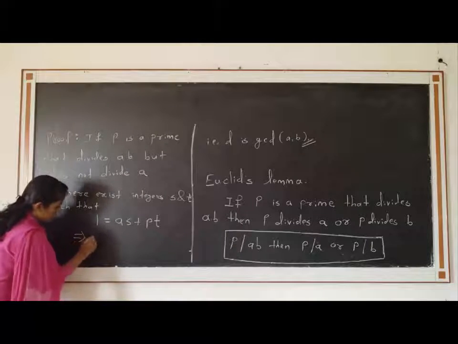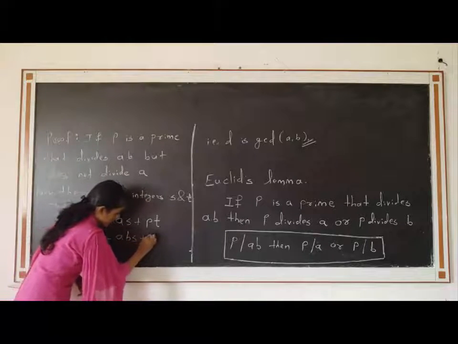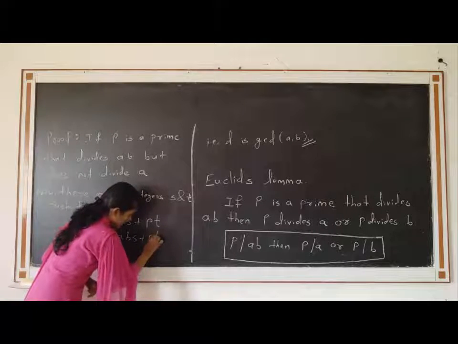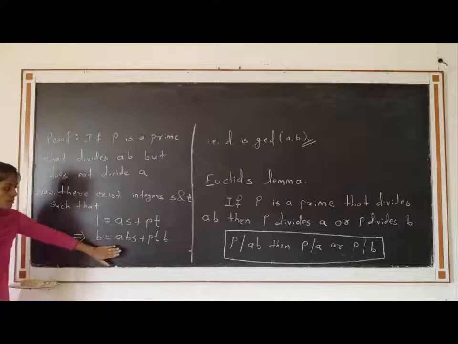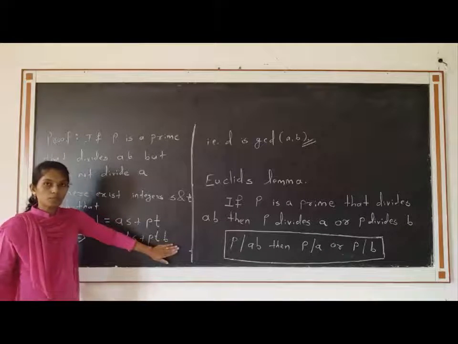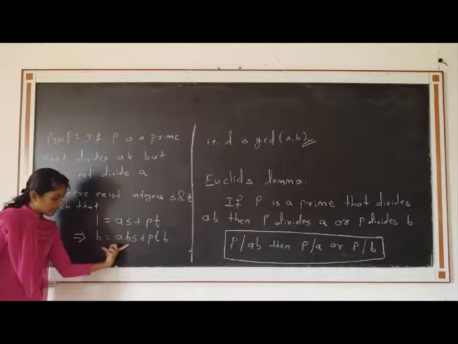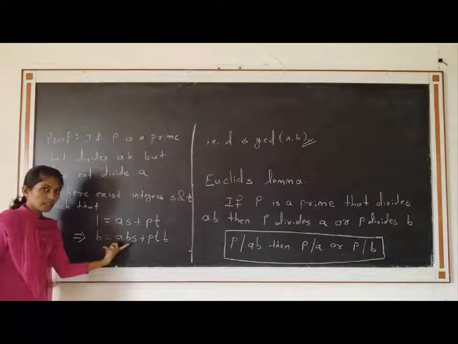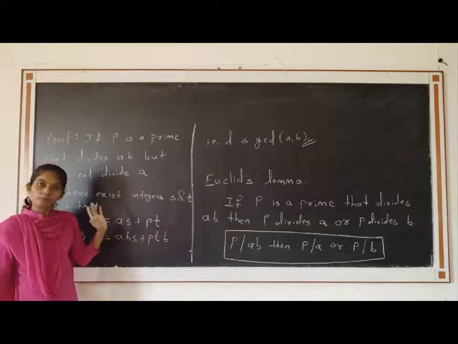This implies that B is equal to ABS plus PTB. Now observe this equation, B is equal to ABS plus PTB. So here P divides the right hand side of this equation. That's why P divides B.